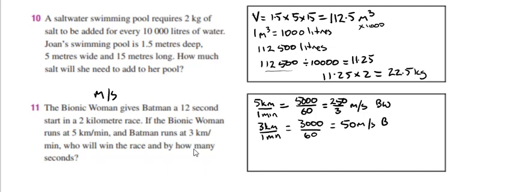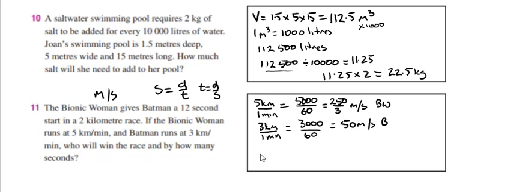Now, the race is 2 kilometers long. If we use our speed formula, speed equals distance over time, and in this case we will swap this around and say time will equal distance over speed, we will work out who has the quicker time.